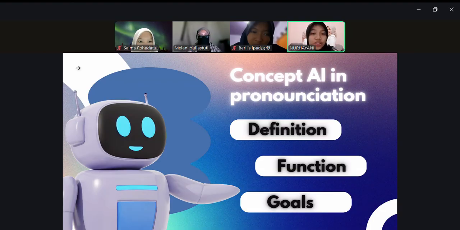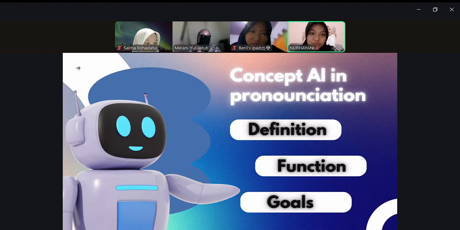Another important goal is to increase learner motivation and confidence. Research shows that tools like Duolingo, Busuu, Alexa, and also Speak can effectively motivate learners and enhance their autonomy in pronunciation practice.